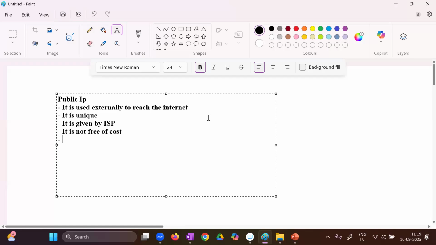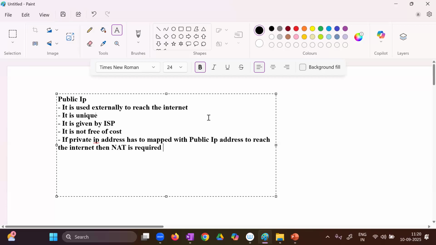Next, if a private IP address has to map with a public IP address to reach the internet, then NAT is required.